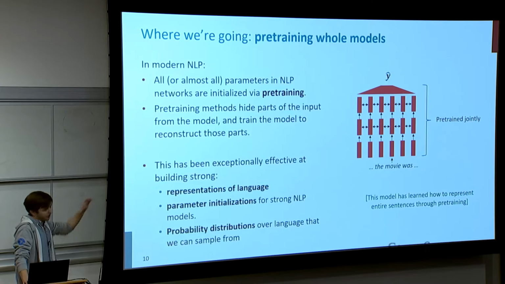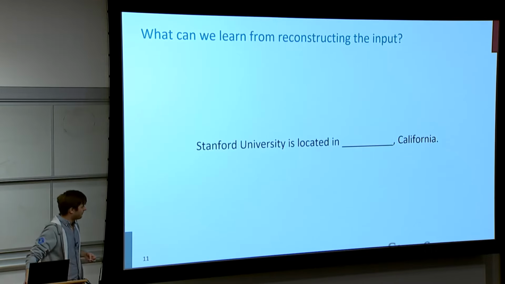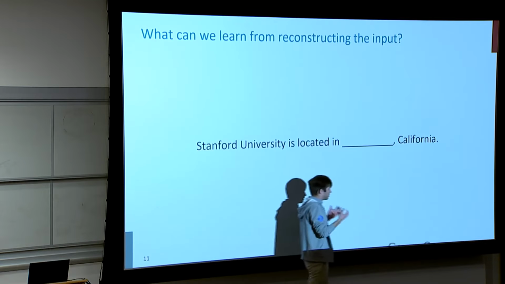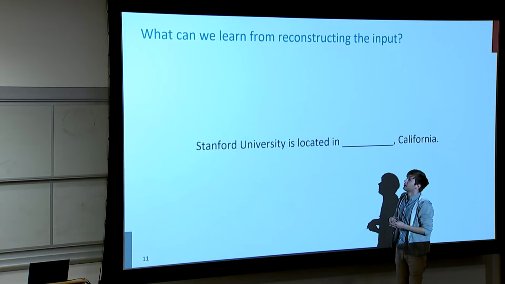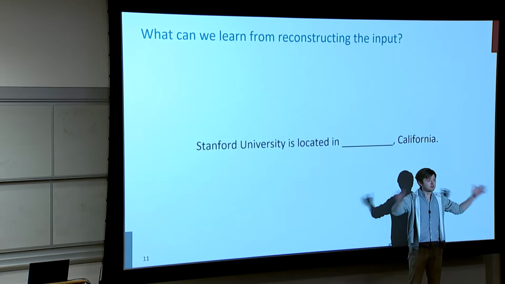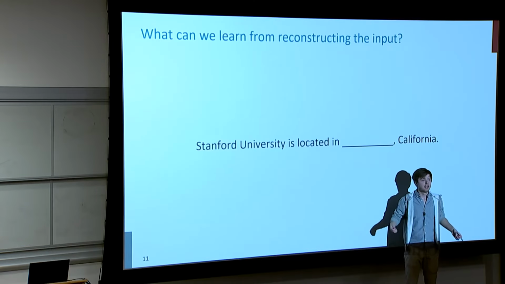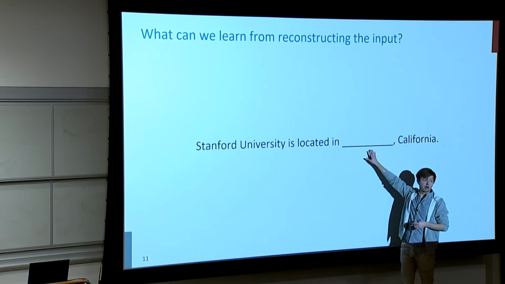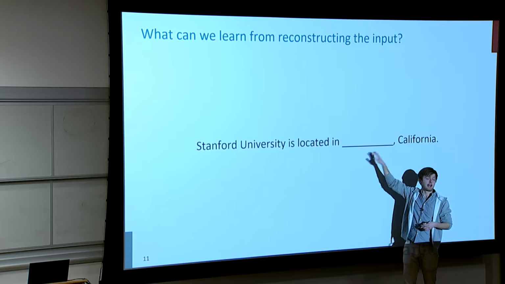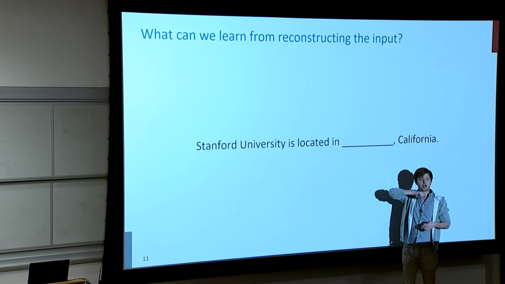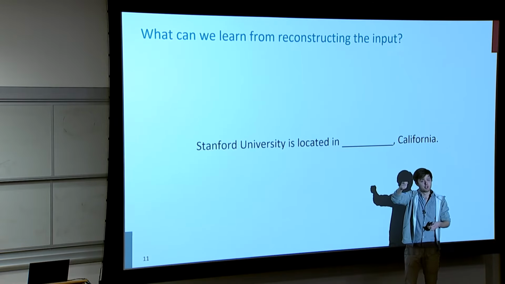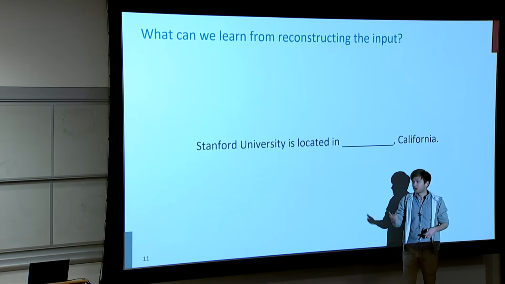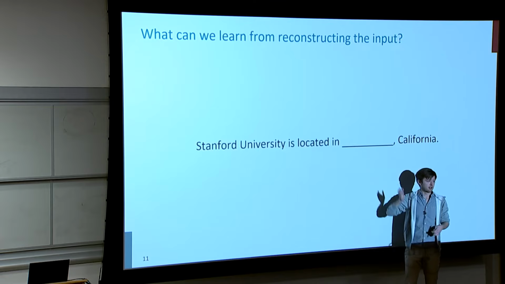Okay, so whole models are going to be pre-trained. All of pre-training is effectively going to be centered around this idea of reconstructing the input. So you have an input, a sequence of text that some human has generated, and the hypothesis is that by masking out part of it, and tasking a neural network with reconstructing the original input, that neural network has to learn a lot about language, about the world, in order to do a good job of reconstructing the input, right?